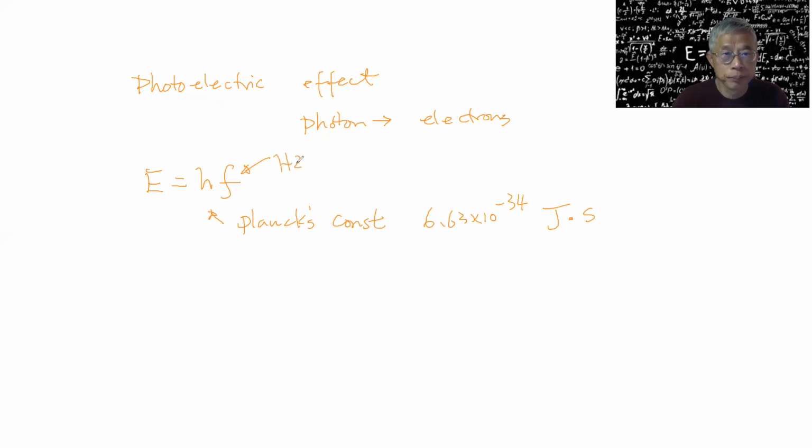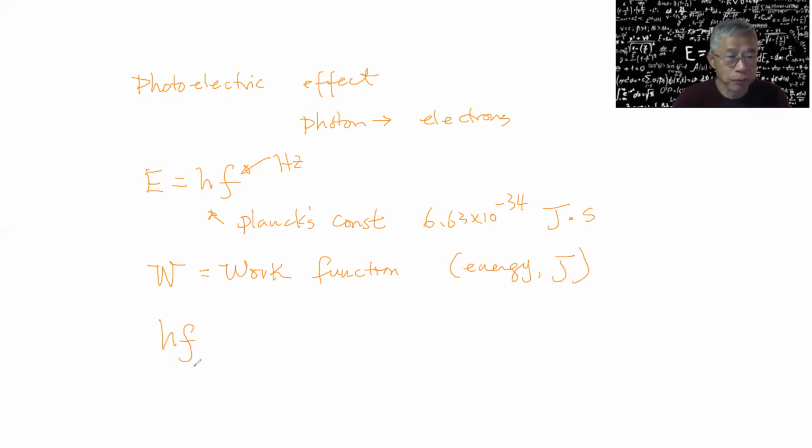And that's in hertz. And then we introduced the W, which is the work function, right? And that's the energy needed to bring the electron to the surface of the metal, right? So this is the energy, in joules, okay?